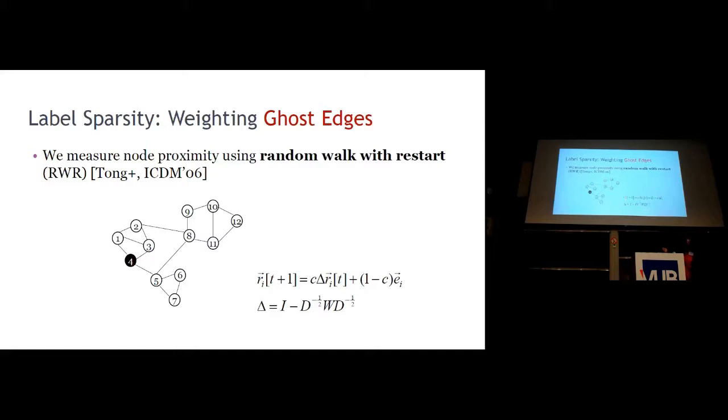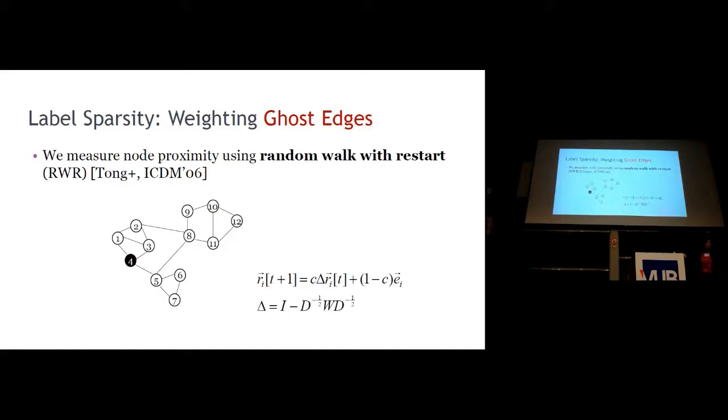If you do this, you're going to hit the stationary distribution, and this corresponds to solving this equation. Basically, if this node 4 is i, so i is equal to 4, I want to find the rank vector for i. The cardinality of the rank vector of i is all the nodes in the graph. The rank vector at time t plus 1 is equal to the probability that I'm going to follow the structure of the network, which is represented by this normalized Laplacian.